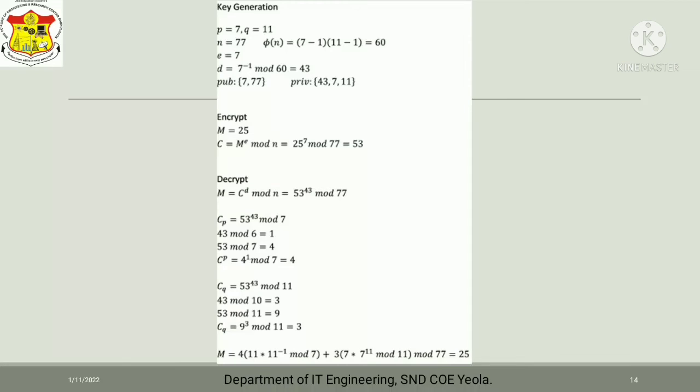Then encrypt the message by using m raised to e mod n. The ciphertext value, that is C, is equal to 53. And after decryption, m is equal to C raised to d mod n. The plain text value m is equal to 25.